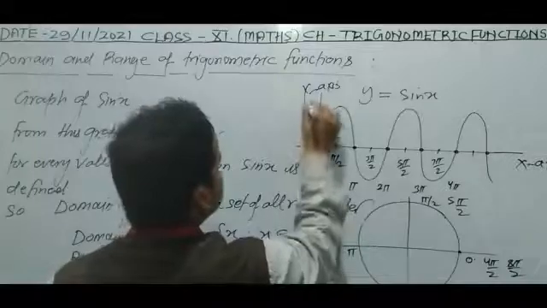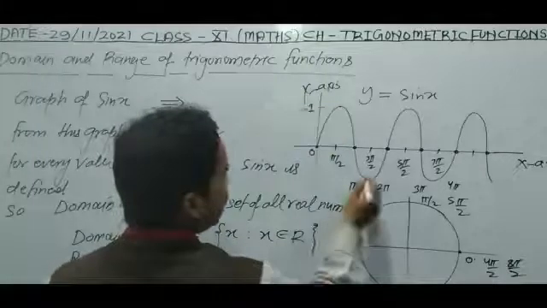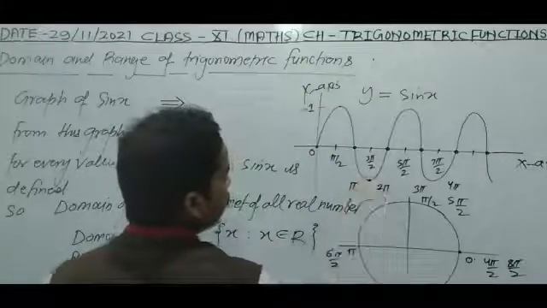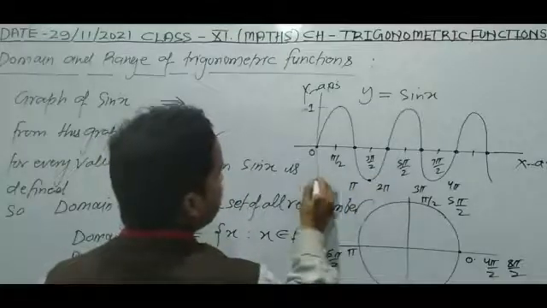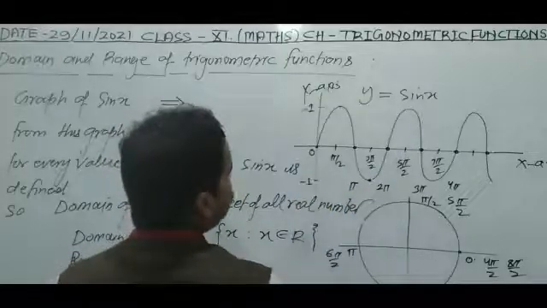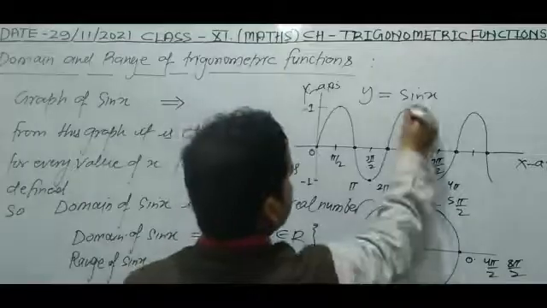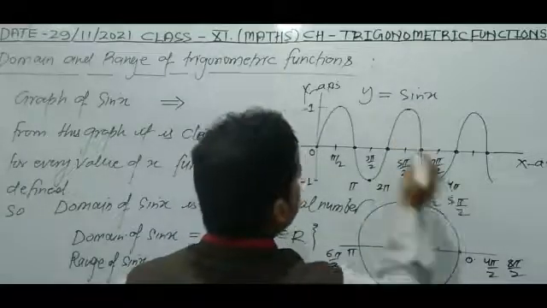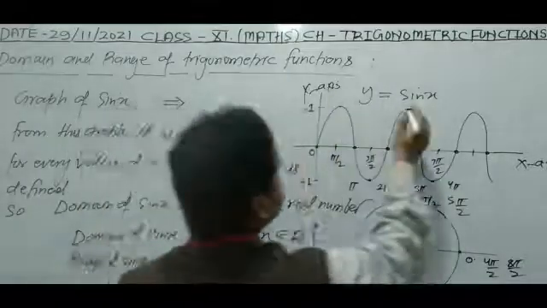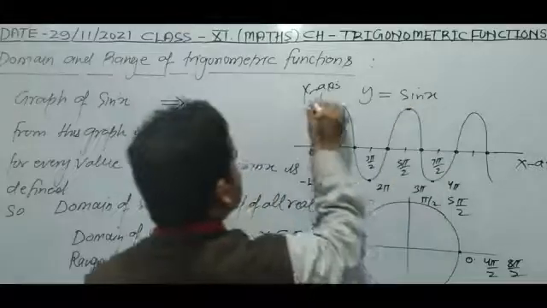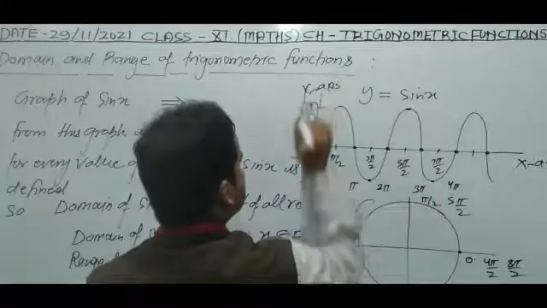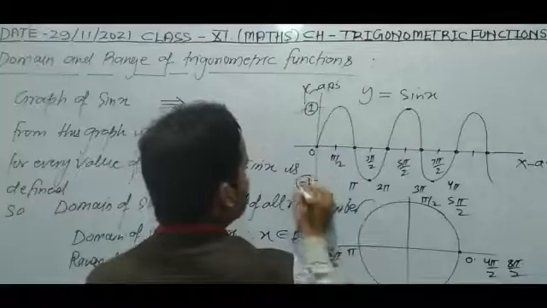Here you will get 1. And at 3 pi by 2 you will get minus 1. So at the peak point the value of sin x is maximum, that is 1, and the minimum value is minus 1.